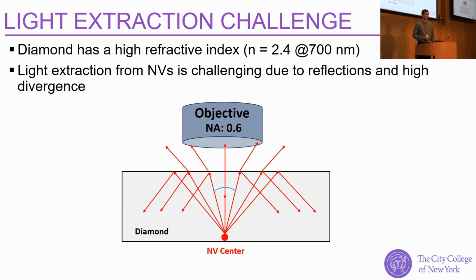Okay, so we know that it emits some light and we need to get it to understand something. But because of the high refractive index of the diamond, which is 2.4, we only get a small amount of light. So you see, these are light rays, and they go here and they reflect, they refract and go not in our objective.